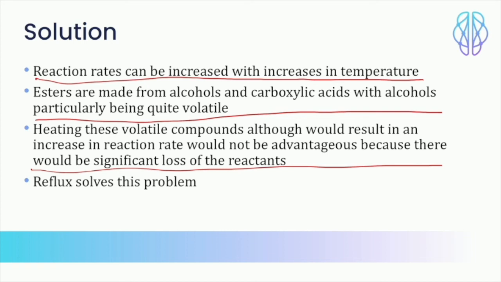That increase in temperature, or that increase in reaction rate we get with that increase in temperature, is useless because we have no alcohol left to react with. All of it's become a vapor. Reflux gives us the advantage of allowing us to increase the reaction rate without any of that alcohol escaping into the atmosphere as a vapor. So thus, reflux solves the problem, and that would get you all the marks.